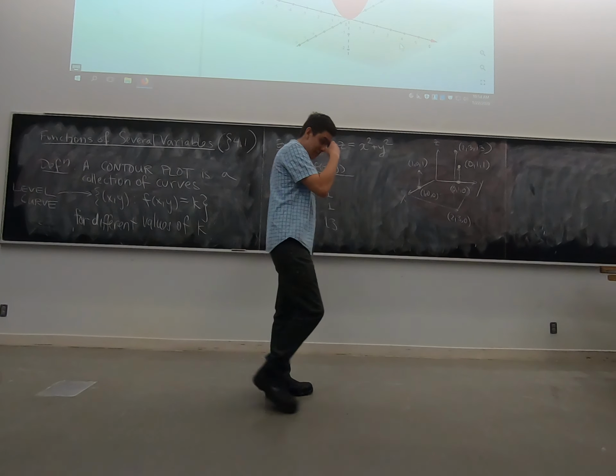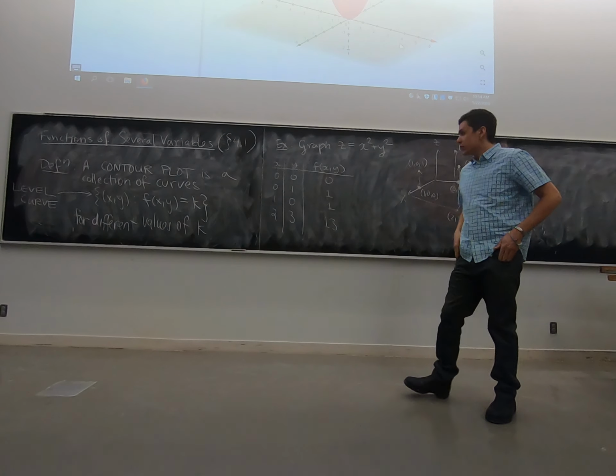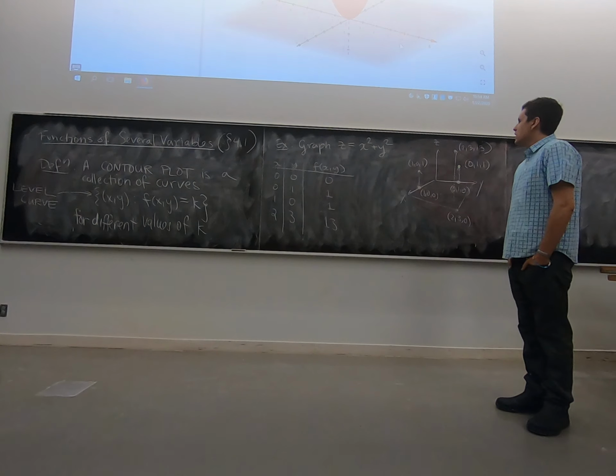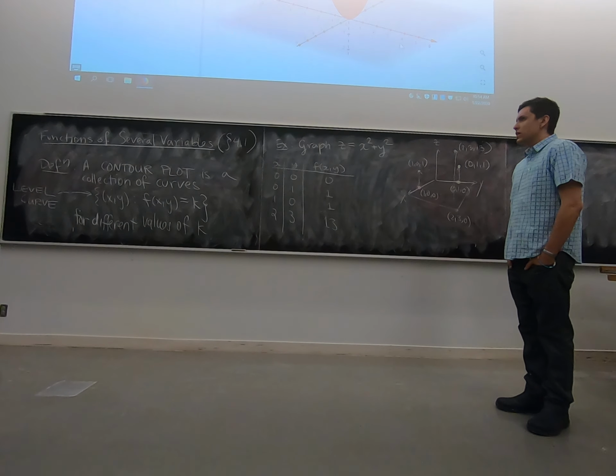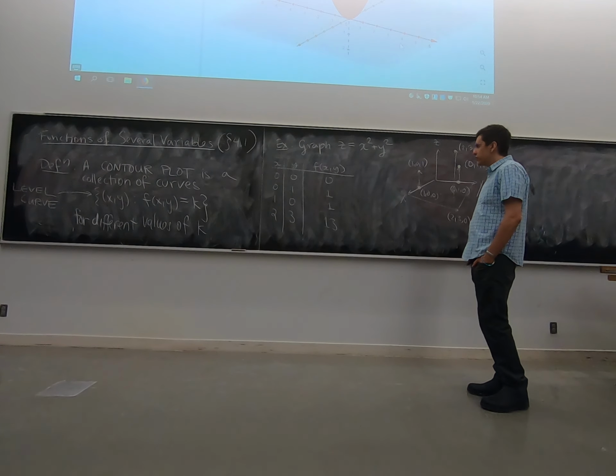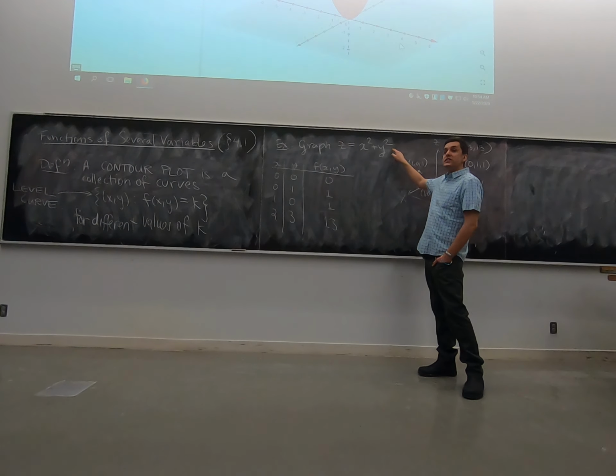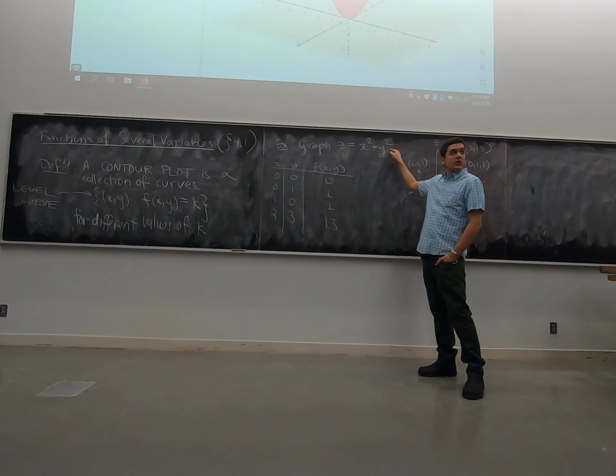So I want to say a little bit about why this is called a level curve. So a level curve is where we always output the same constant. Right? So we're always outputting k.